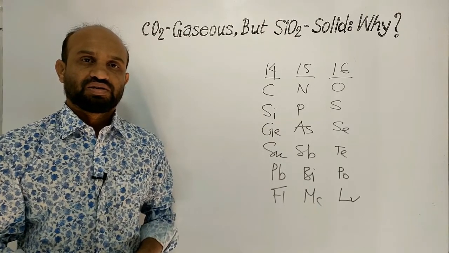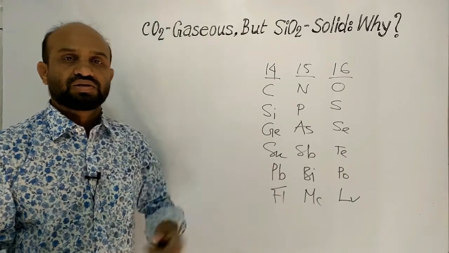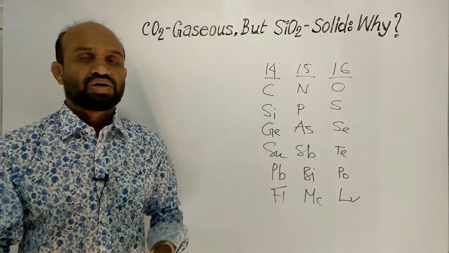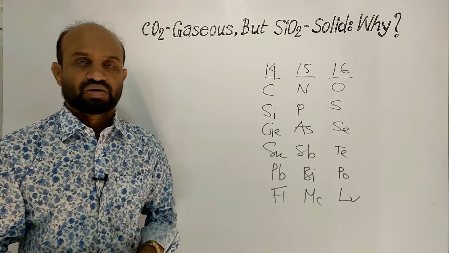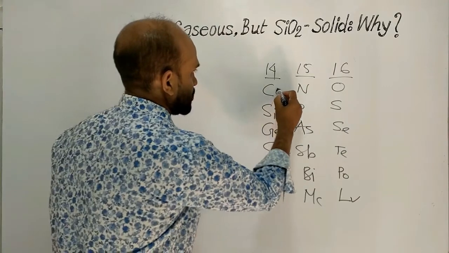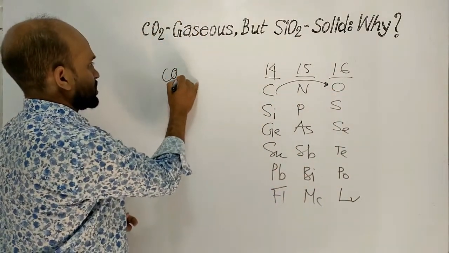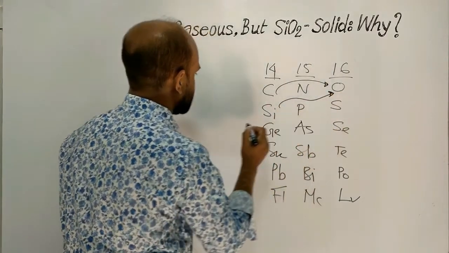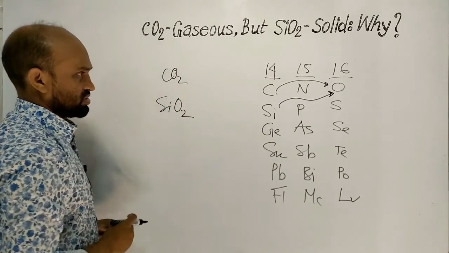That means carbon dioxide is a gaseous substance, silicon dioxide is a solid substance. Actually, both the compounds should be the same in physical property. In this way, carbon with oxygen forms carbon dioxide and silicon with oxygen forms silicon dioxide.